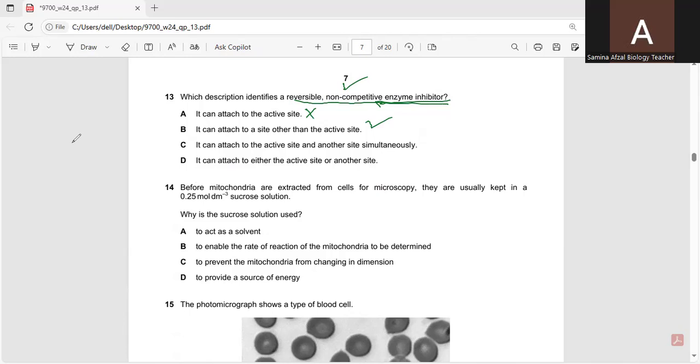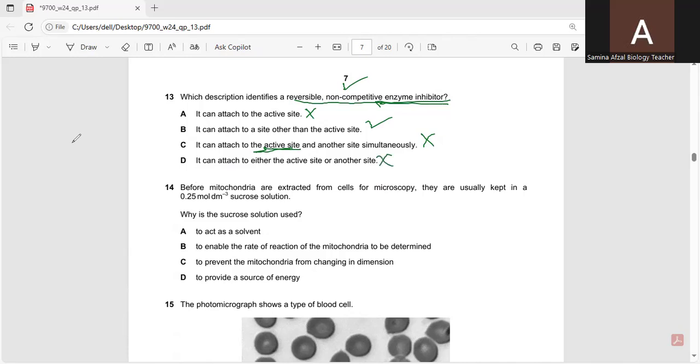C: it can attach to the active site and another site simultaneously. No, this is not true. This statement C is also not correct because this is not the characteristic of a standard non-competitive inhibitor. Again, as I told you in the first statement, it can attach to either the active site or another site.